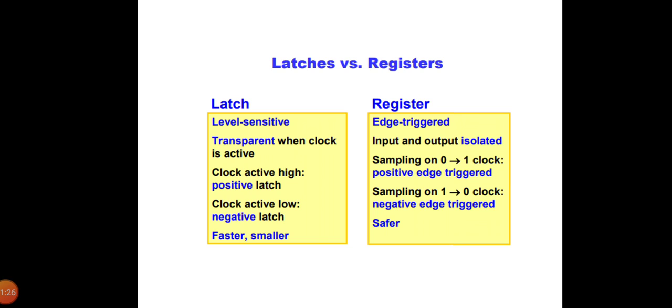Similarly, a negative latch passes the D input to the Q output when the clock signal is low. Positive and negative latches are also called transparent high and transparent low respectively. Contrary to level-sensitive latches, edge-triggered registers only sample the input on a clock transition, that is either from 0 to 1 for a positive edge-triggered register, or 1 to 0 for a negative edge-triggered register.